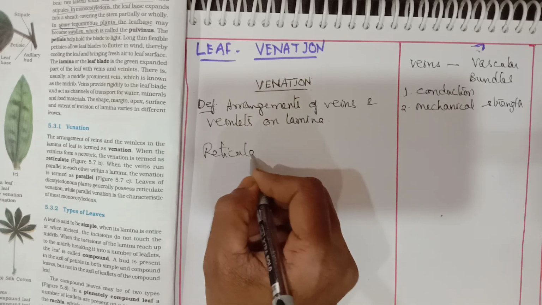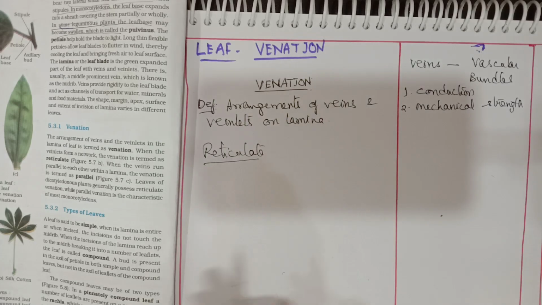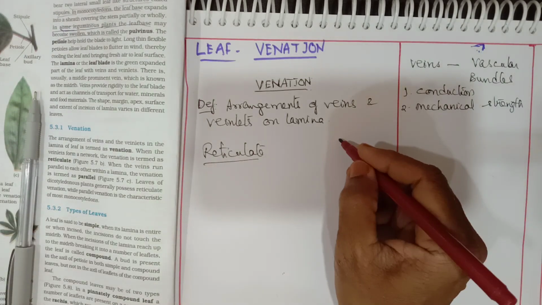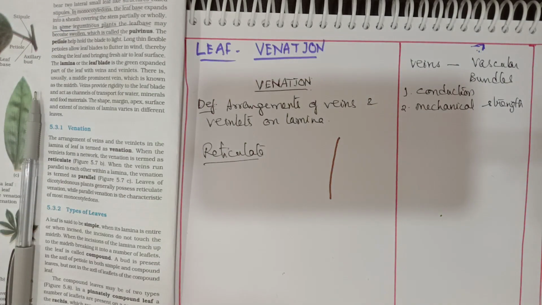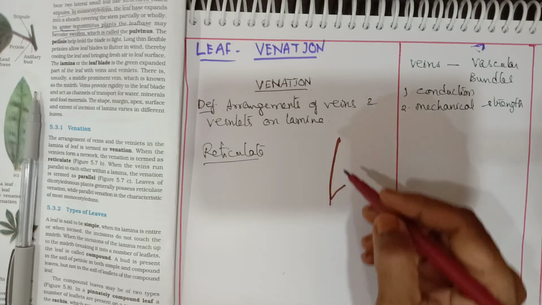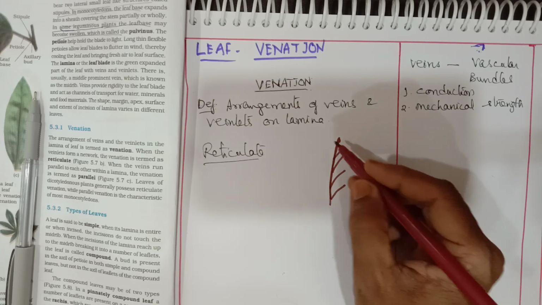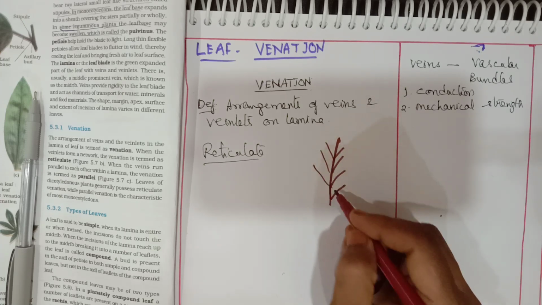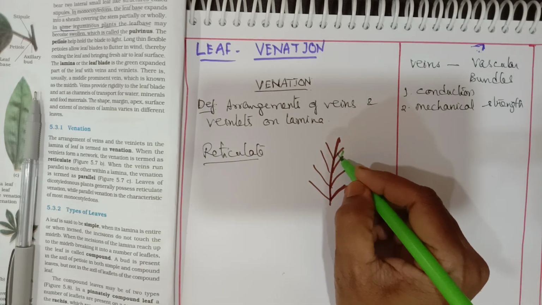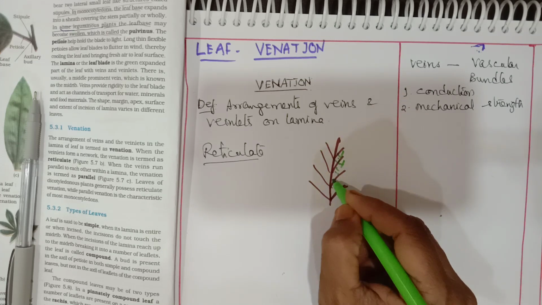In reticulate venation, there is one main vein called the midrib, and this main vein further divides to form many secondary veins or lateral veins, and these lateral veins further divide into a fine network. They completely fill the lamina.